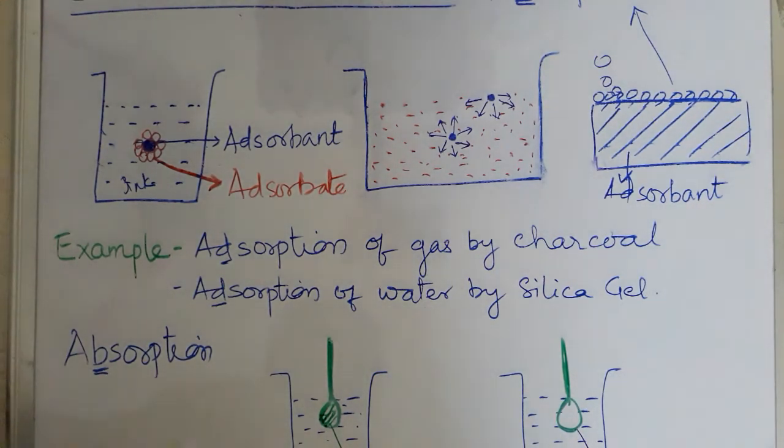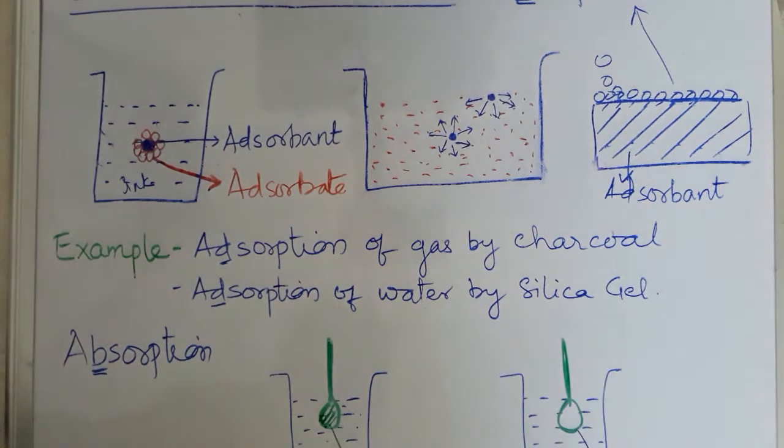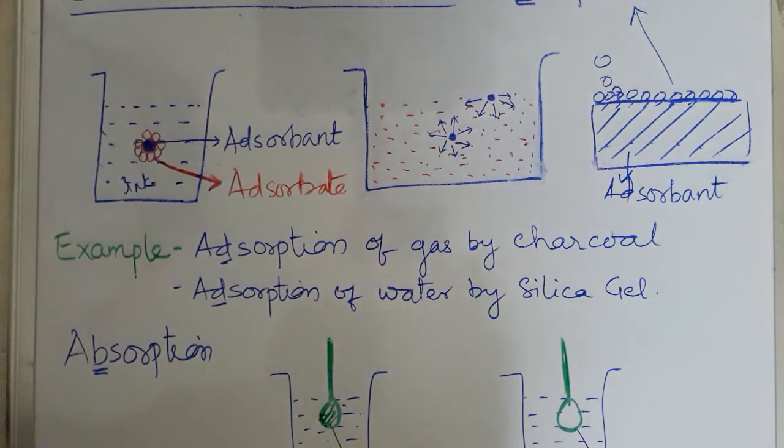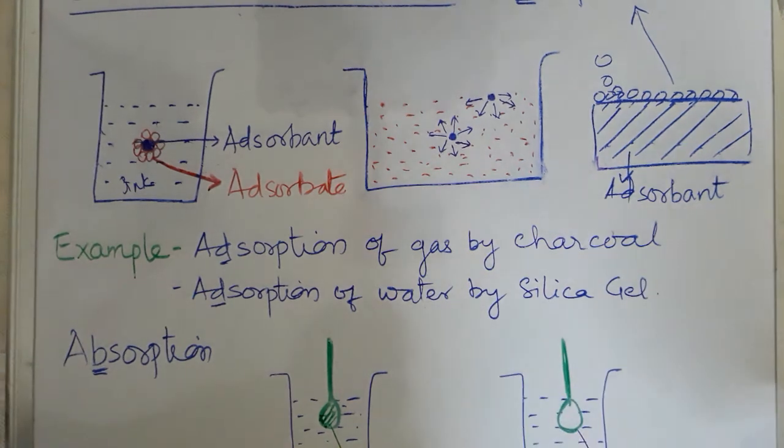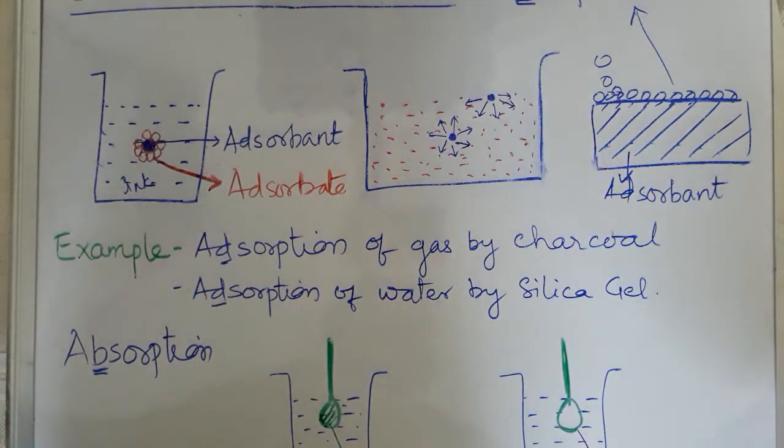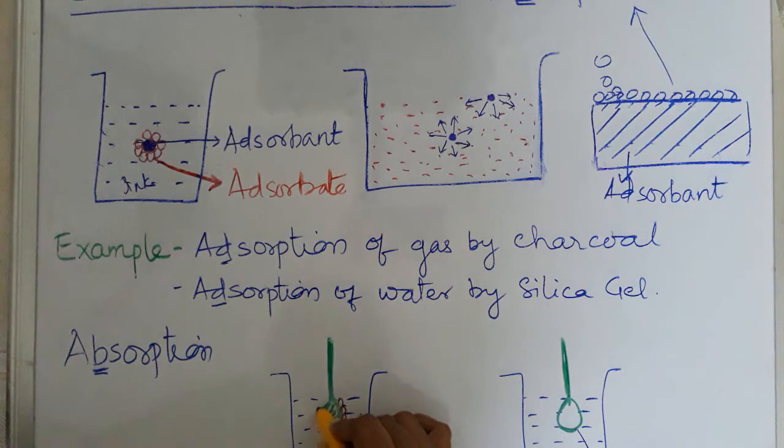The phenomenon which takes place in these two containers: silica gel adsorbs water, and hence the water molecules accumulate on the surface of silica gel. So this is adsorption of water molecules on the surface of silica gel.